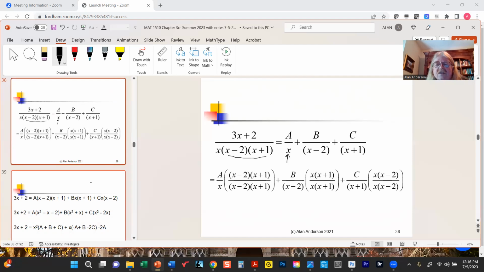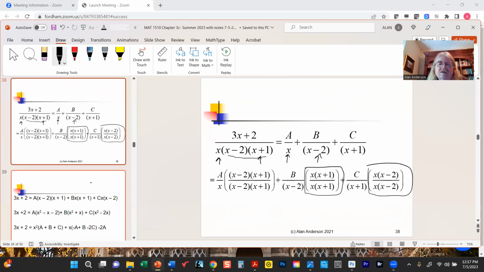In order to avoid changing this problem, we need to multiply A over x by a ratio which equals 1, and we're choosing x minus 2 times x plus 1 over itself. For B, the 2 factors that we don't have here are the x and the x minus 2... the x and the x plus 1. So that's what we'll multiply this expression by, x plus 1 over itself. The C is just missing the x and the x minus 2.